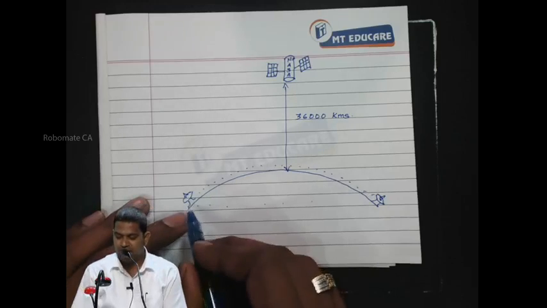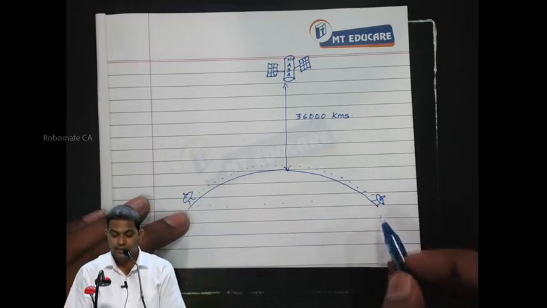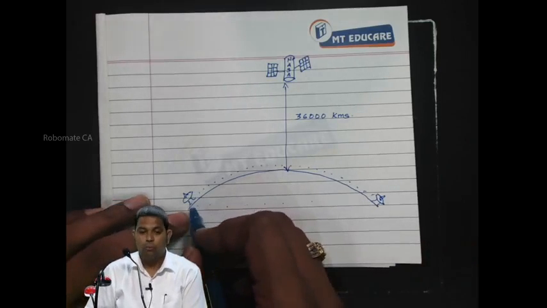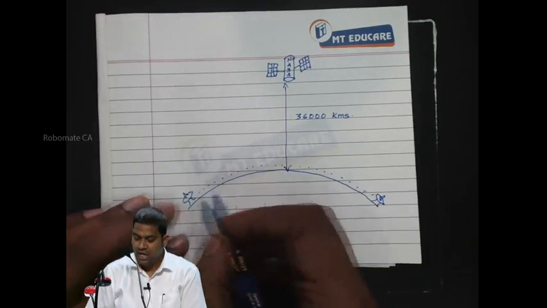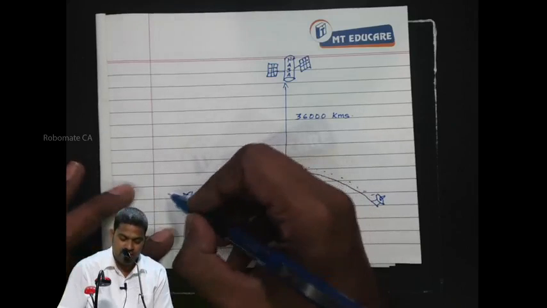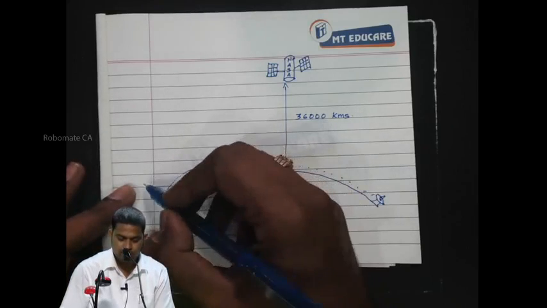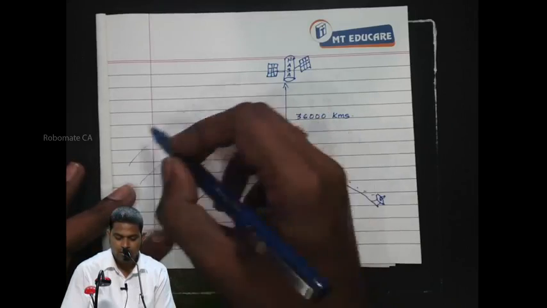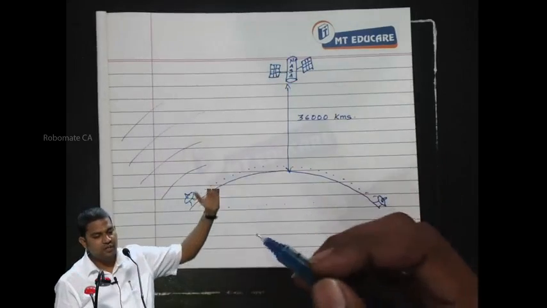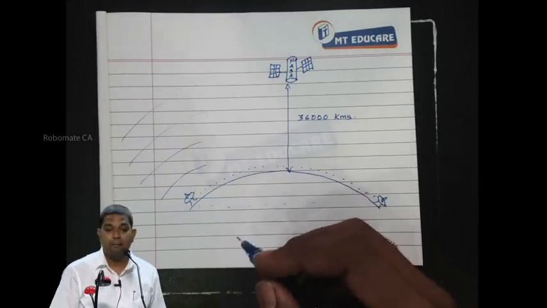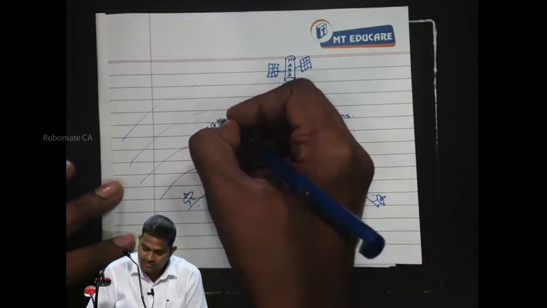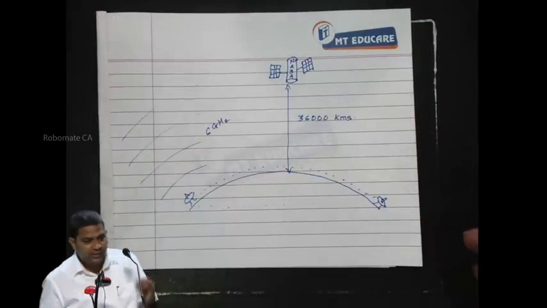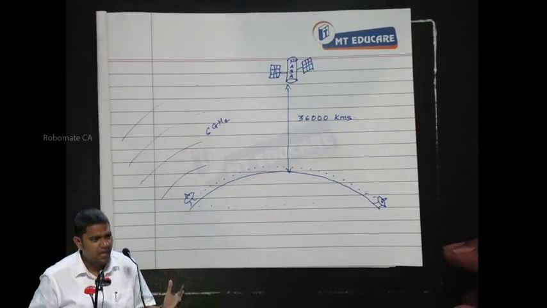Now, whenever you want to transmit data from here to here, the data is transmitted via this particular antenna or base station. Now, this particular data will be transmitted in open atmosphere at a frequency of 6 gigahertz.